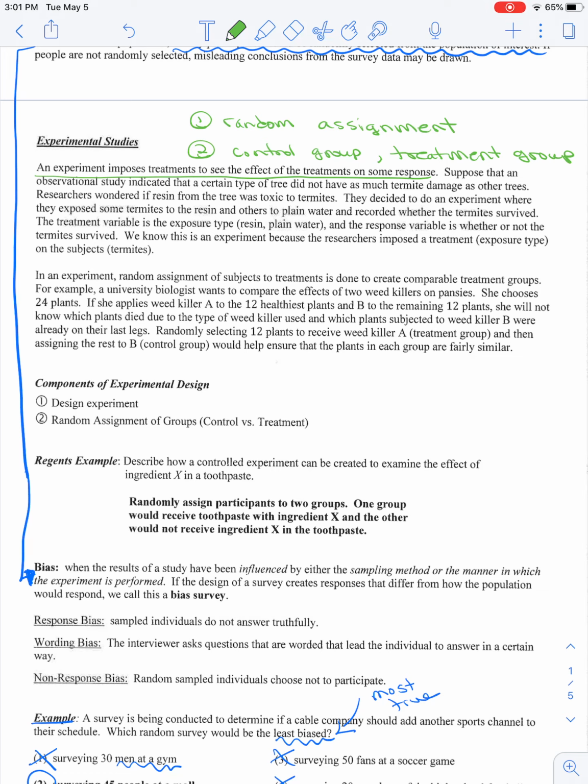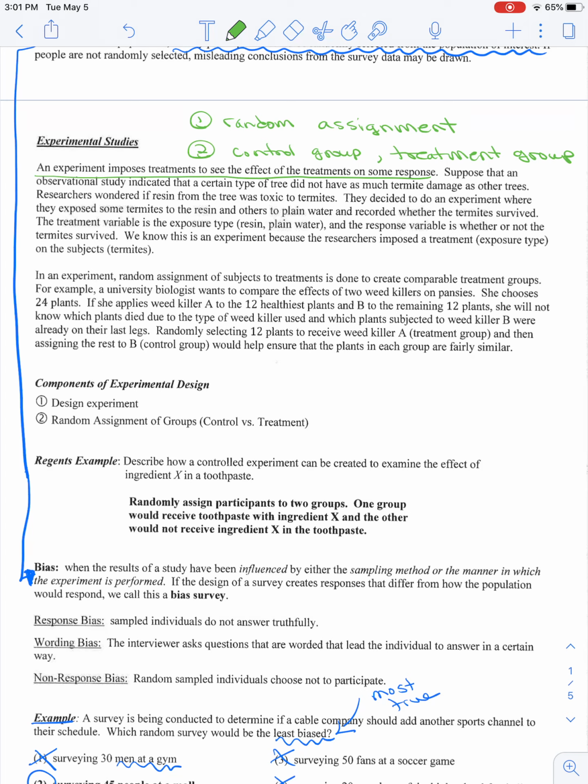So for example, if you look at the second example in this paragraph, suppose I want to compare the effects of 2 weed killers on pansies. So I have 24 plants. I'm going to randomly assign my plants, 12 to the control group and 12 to the treatment group. In the control group, I'm not putting anything on my plants.